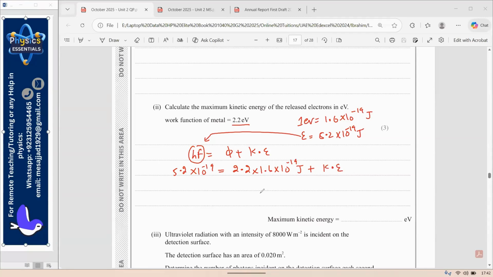From here you will get the kinetic energy of the electron, and that is about 1.68 into 10 raised to the power minus 19 joules. Okay, now this is in joules and they're asking you to find it in eV, so all you need to do is divide that by 1.6 into 10 raised to the power minus 19.